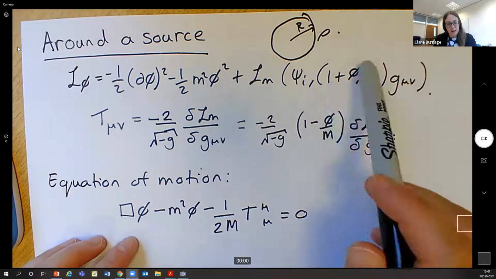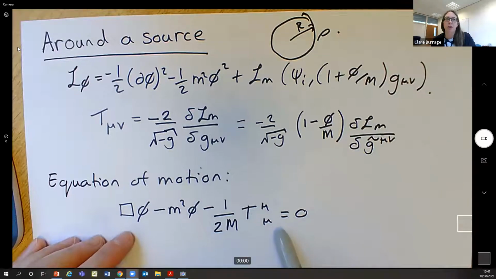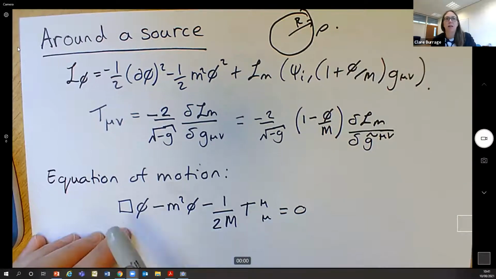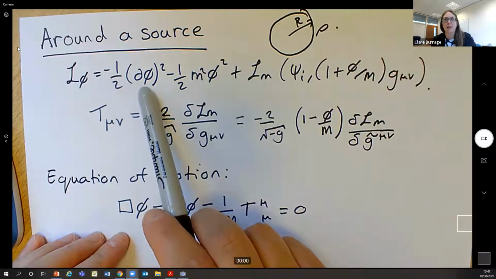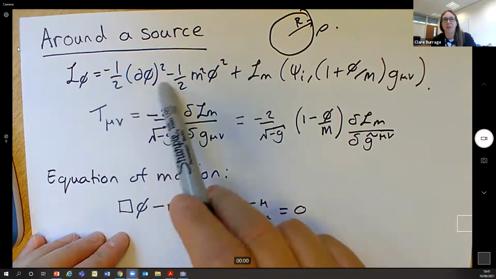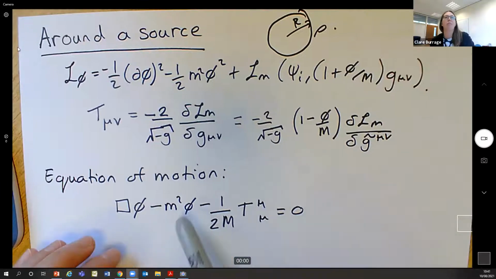Now, if you take this Lagrangian and vary it with respect to phi, you get an equation of motion that looks like this. The first two terms are hopefully obvious: the variation of the kinetic term gives us a box phi, and the variation of the mass term gives us a minus m squared phi.